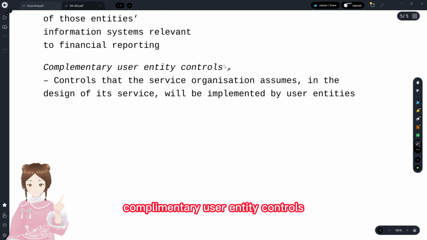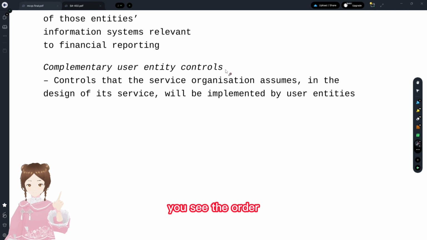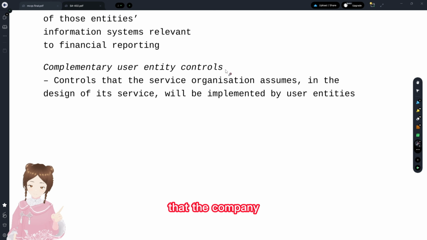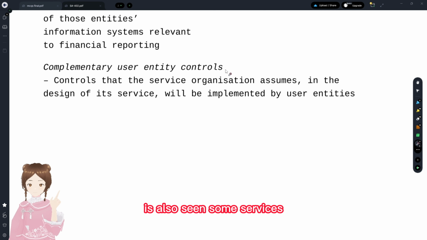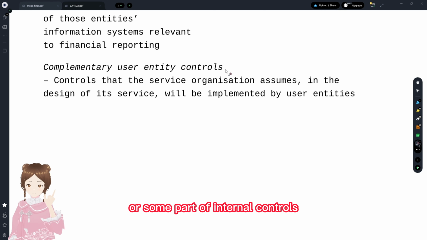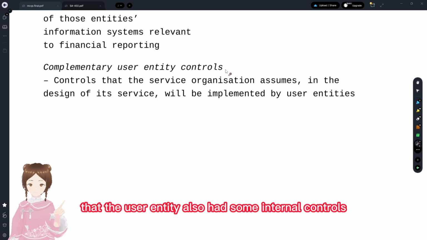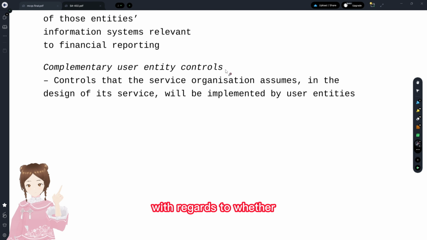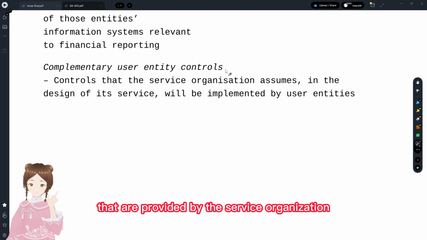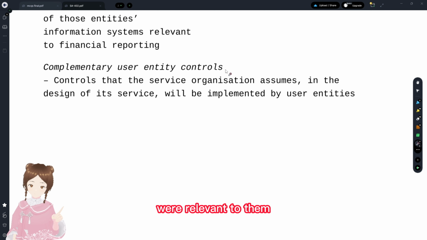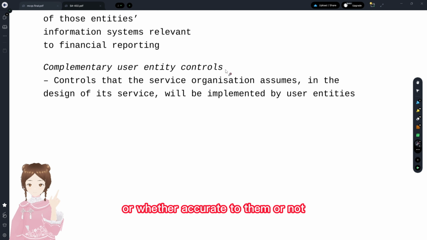Complementary user entity controls are such controls. The client of the auditor, the user entity, is outsourcing some services or some part of internal controls to the service organization. The service organization expects that the user entity also has some internal controls with regards to whether the services provided by the service organization are relevant and accurate to them.